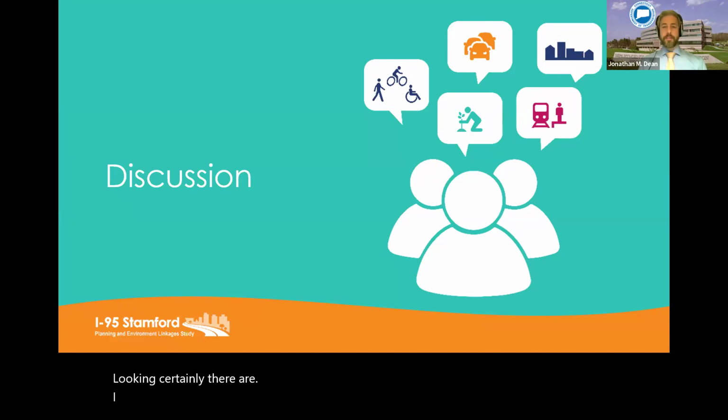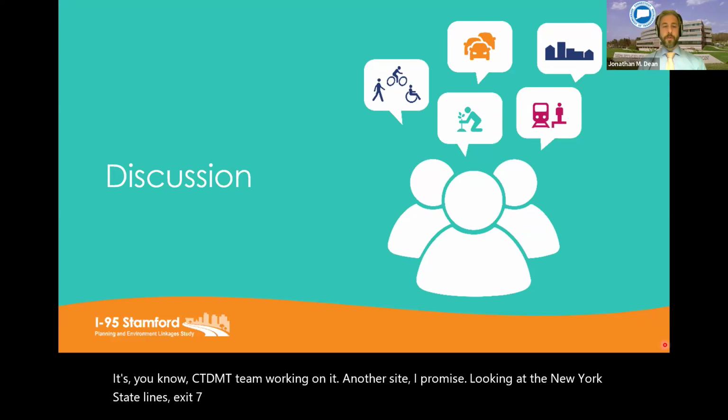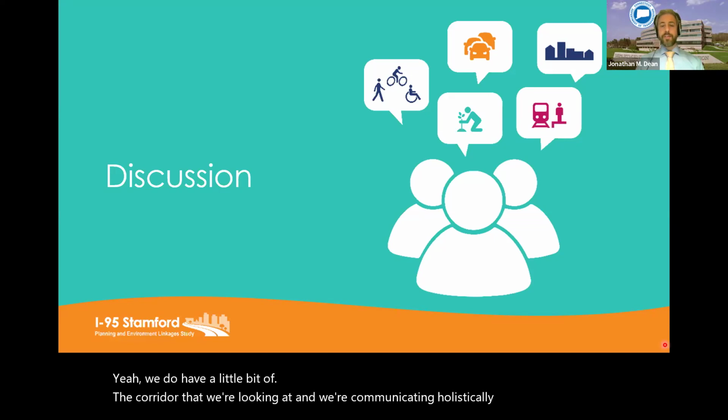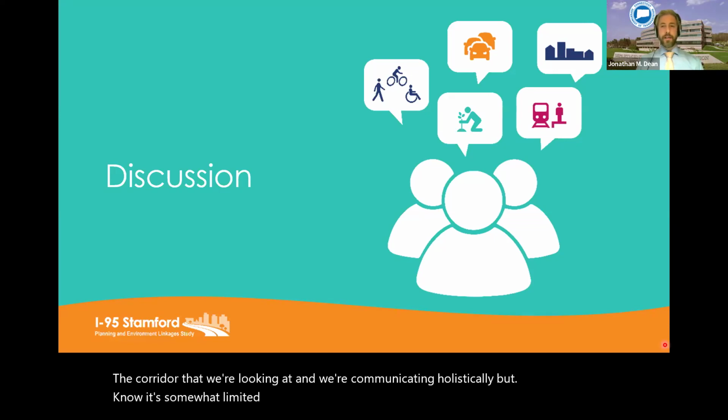We also have, and it's the same CTDOT team working on it, another study, I-95 Greenwich, looking at the New York state line to exit 7. So we do have a little bit of the corridor that we're looking at, and we are communicating between the teams and looking at things holistically, but that's somewhat limited to I-95 and not a broader view.